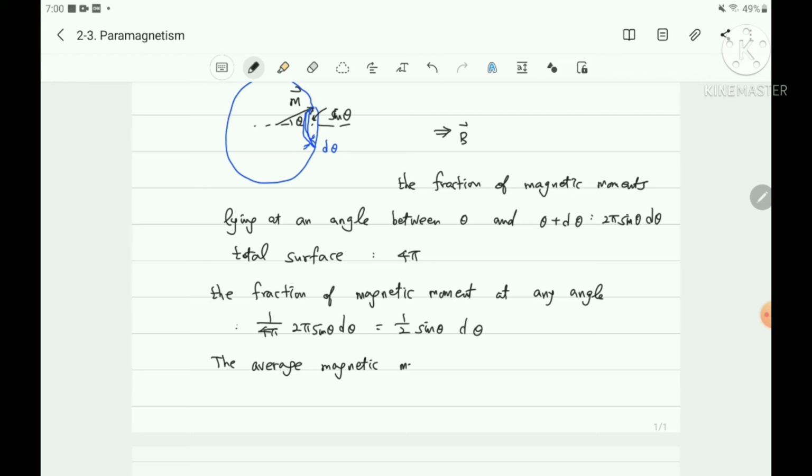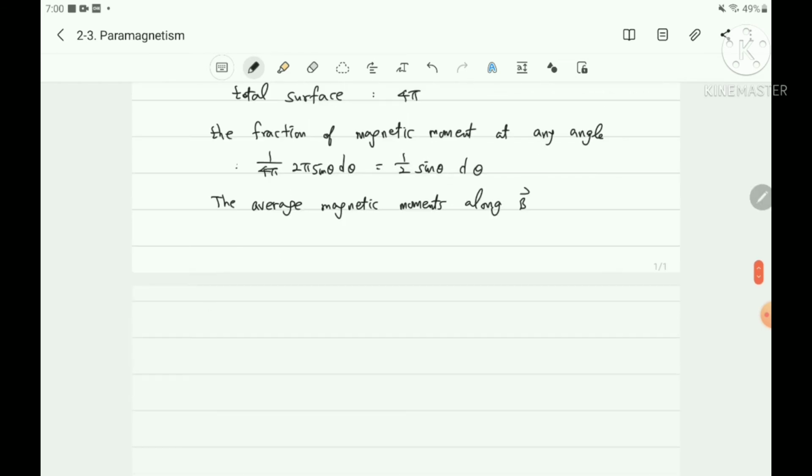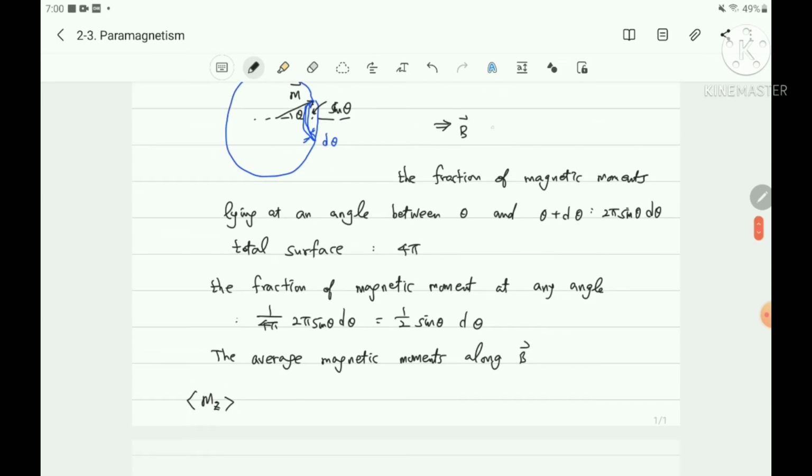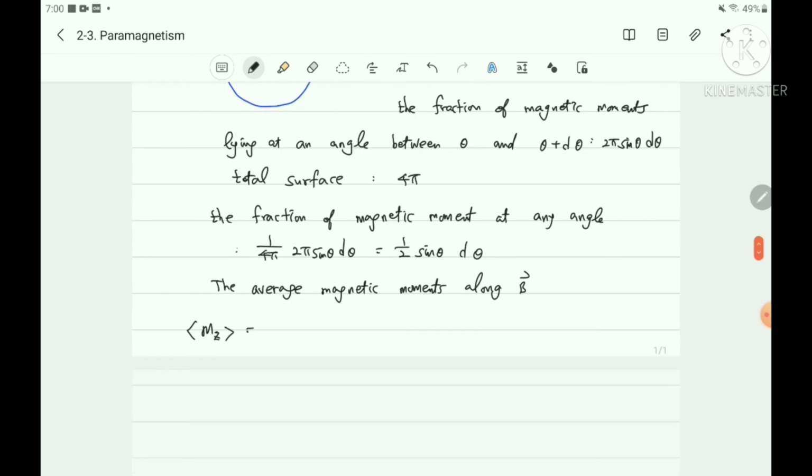The average magnetic moment along the B field direction can be calculated as a fraction from the total.